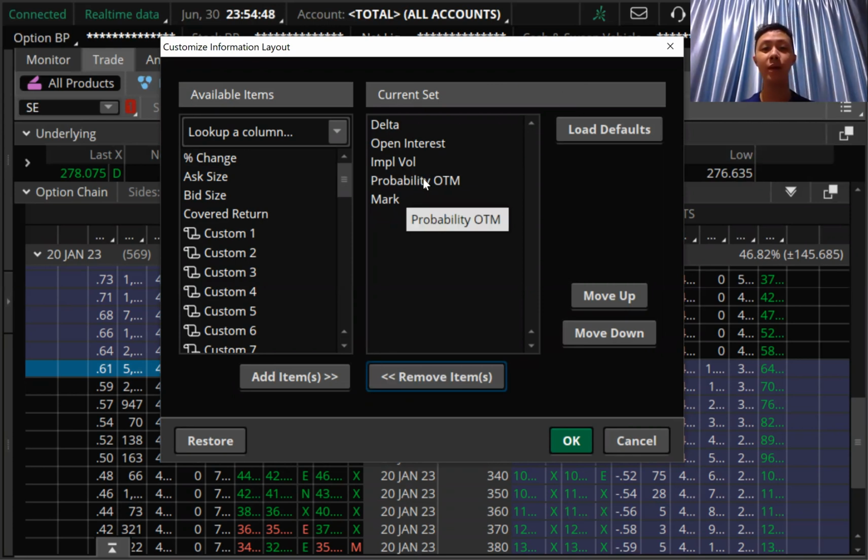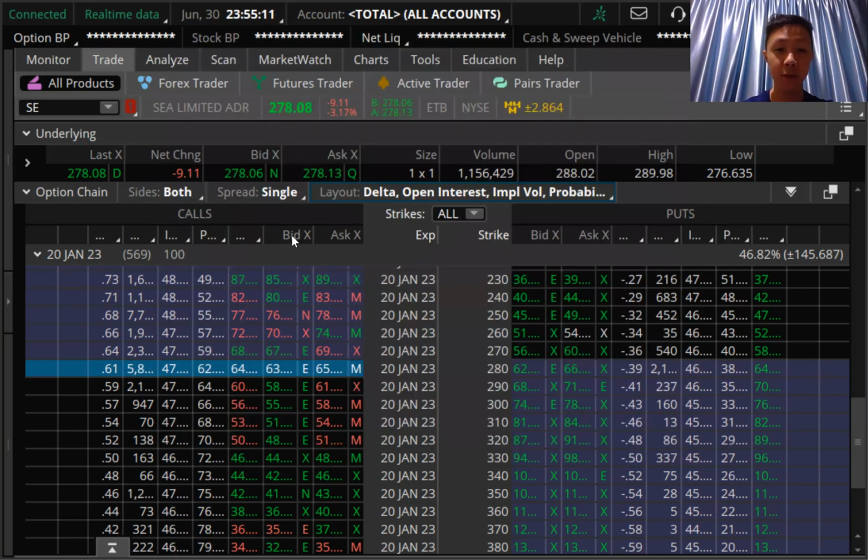This means, if you sell a put, what is the chance of the contract expiring worthless. They will give you that statistic as well. So you choose what is important to you, because I'm using a Microsoft Surface, so the screen is quite small and it's all cramped up like that.